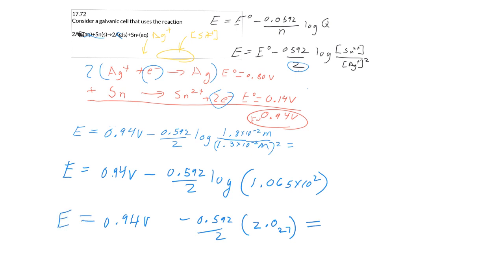Clean that up a little bit. Oh, whoops, know what I did? And you're probably yelling at me. I dropped one of my zeros. It's 0.0592. That's what I get for working problems late in the day. Let me get that on my calculator before I hit equal sign here too.